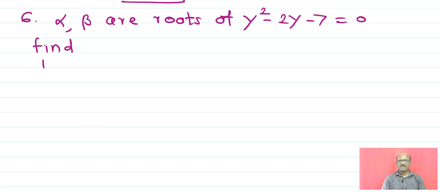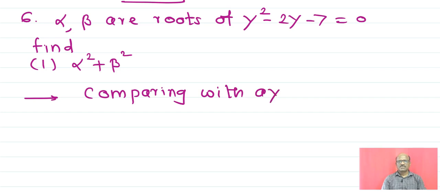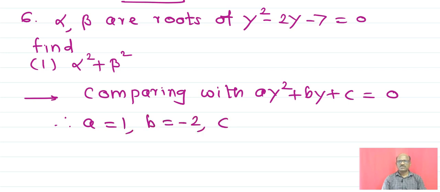Find alpha square plus beta square. Now see this. First of all we find the values of a, b, c, then alpha plus beta and alpha into beta. Comparing with ay square plus by plus c equals 0, a is equal to 1, b is equal to minus 2, c is equal to minus 7.